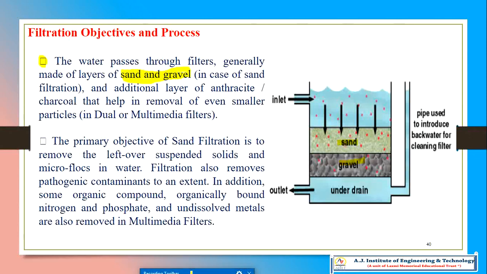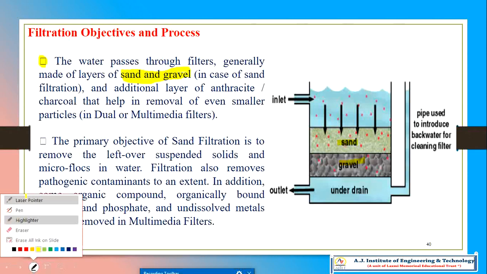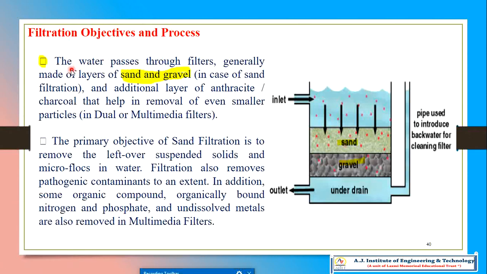Adsorption processes, that is the inclusion of dual or multimedia sand filters. Now, the water passes through a filter generally made up of sand or gravel in the case of sand filtration. An additional layer may be anthracite or charcoal that helps to remove even smaller particles.